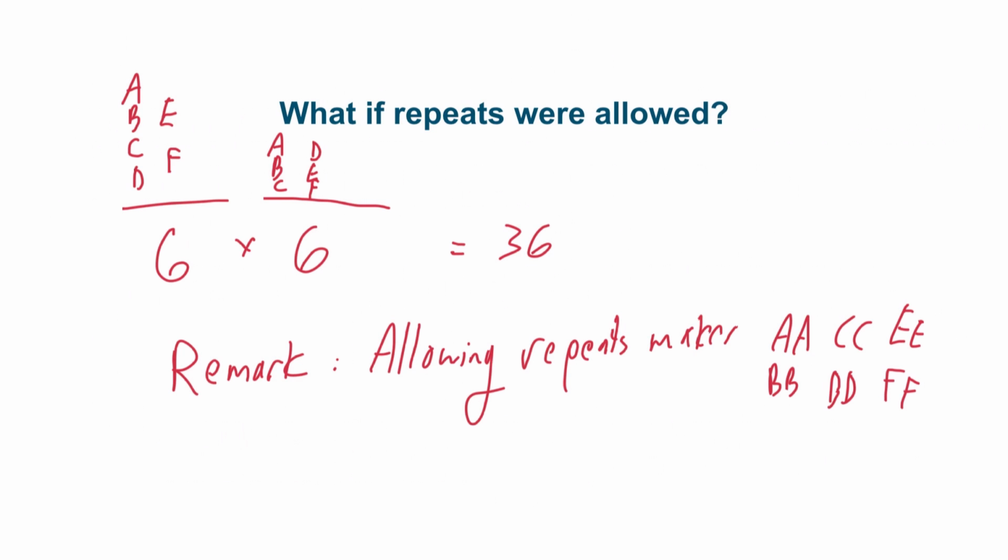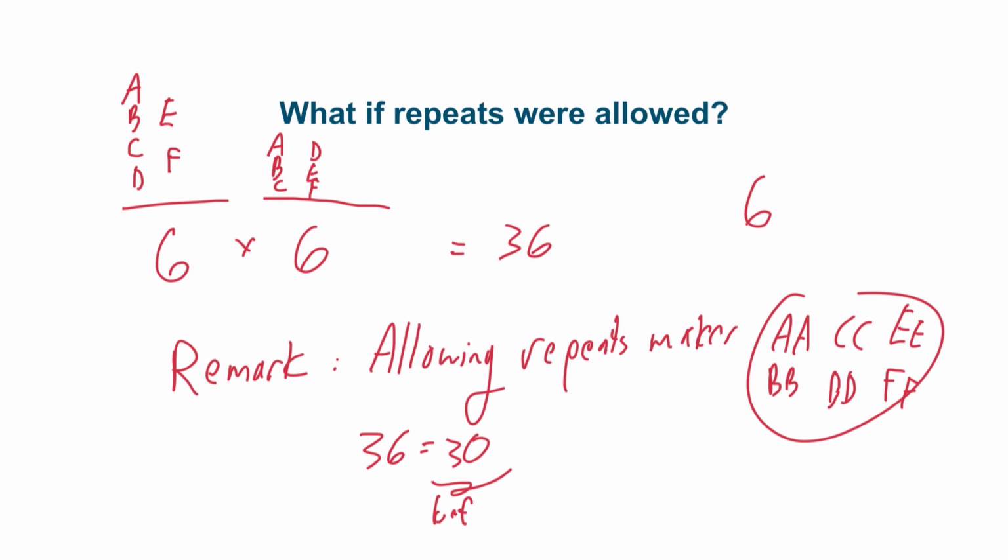These are my new possibilities. So 6 new possibilities. And 36 is equal to 30, which is from before, plus the 6 new ones. So our result here is completely consistent with what we saw in the previous example.